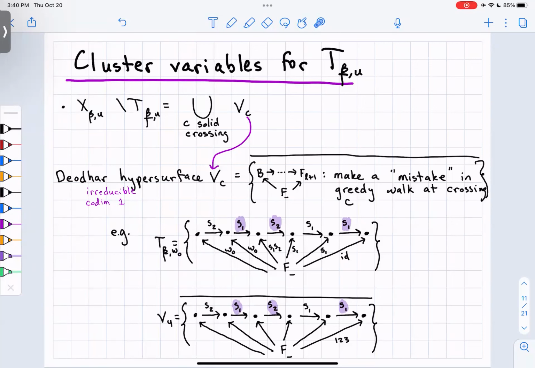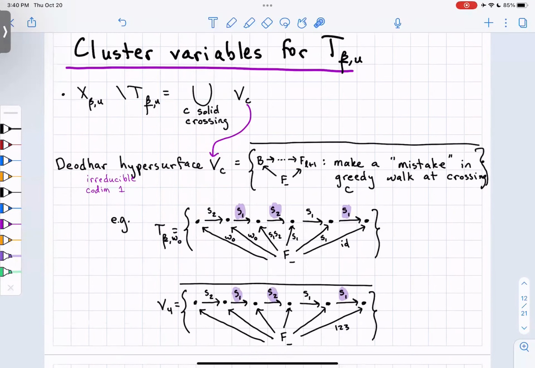Well, I'm going to look at the complement of my Deodhar torus in the braid variety. And this just decomposes into a bunch of irreducible hypersurfaces. It turns out one hypersurface for each solid crossing. It's really easy to describe what the hypersurfaces are, but I'm going to skip it.